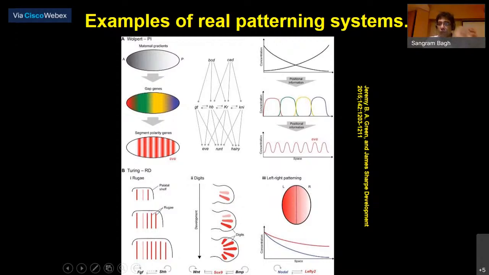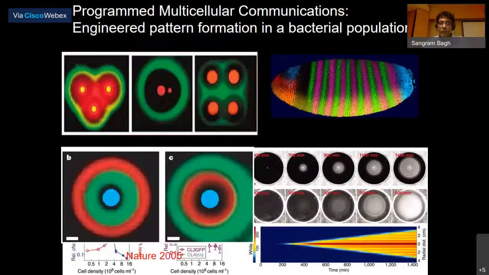So this proves that if you take those kinds of physical principles and actually put them into action, this is happening. So if you really put it in synthetically, then probably you can develop some of the patterns. And here is an example.